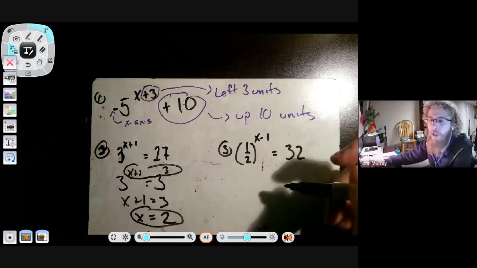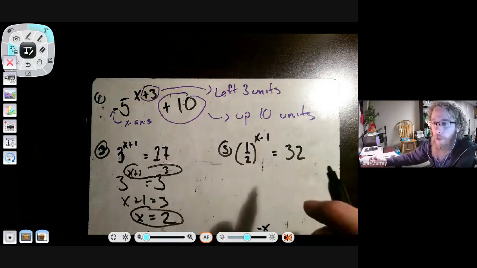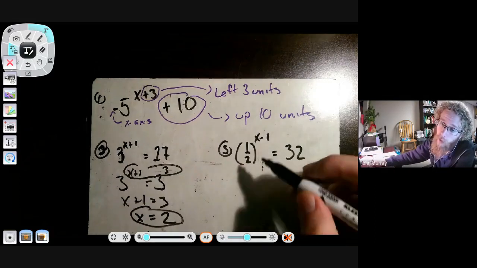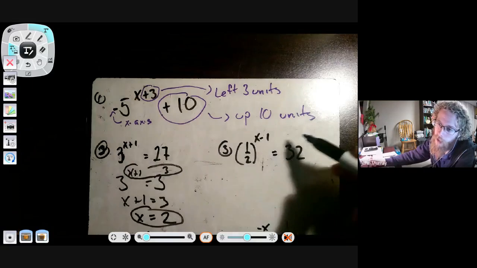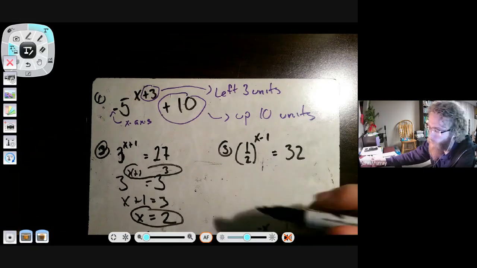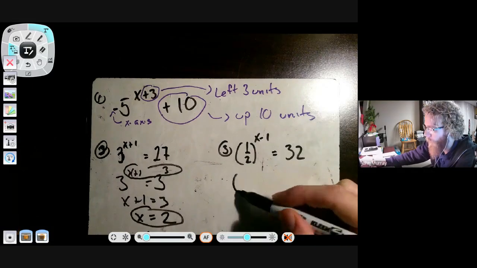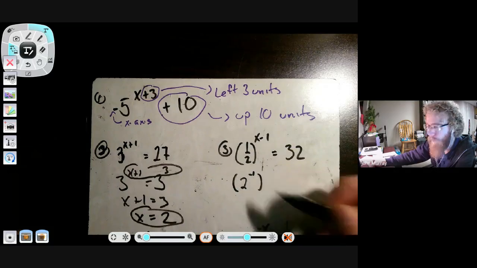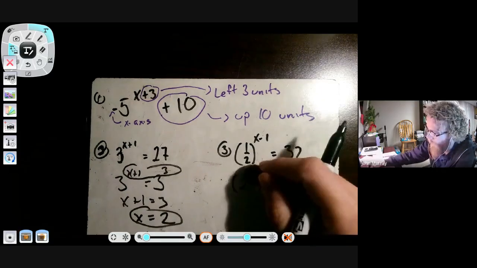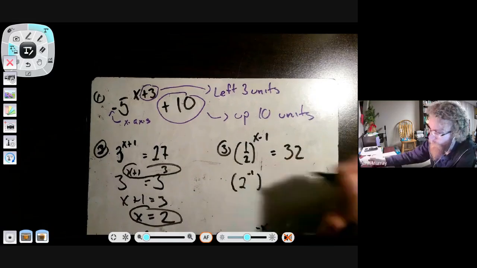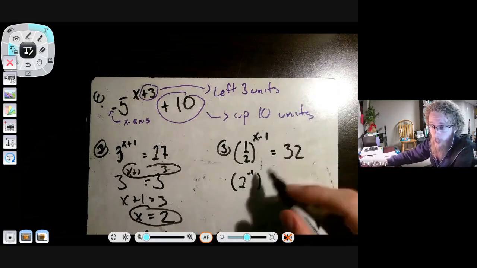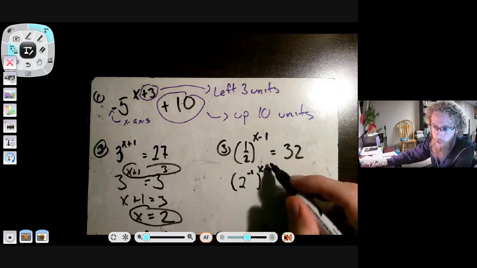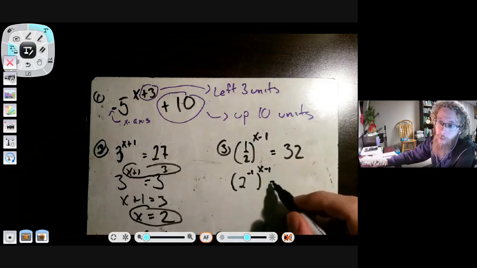Number 3, we had to do 2 parts. You had to change this 1/2 and then change this 32. The 1/2, I'm going to do this in 2 steps, would be 2 to the negative first power, and then we still have the x minus 1 as that exponent.